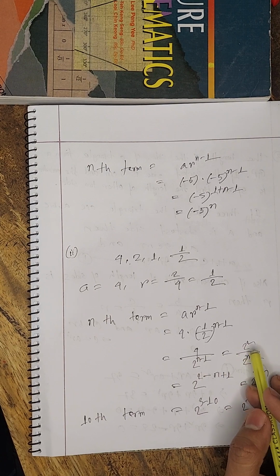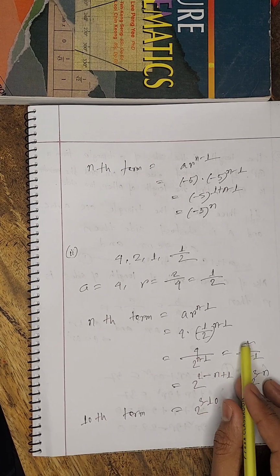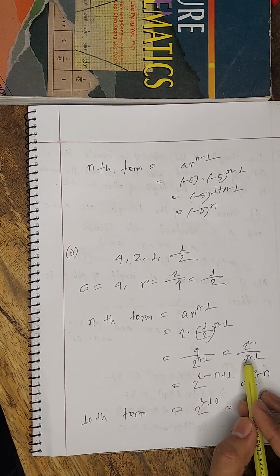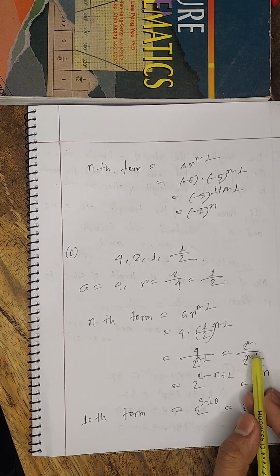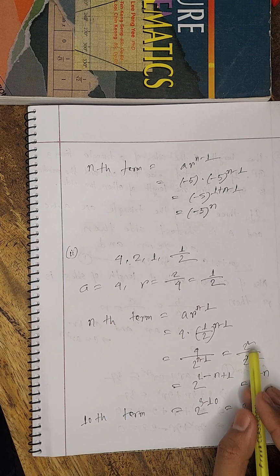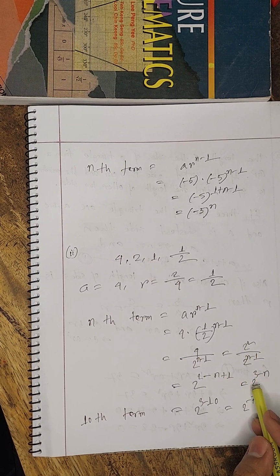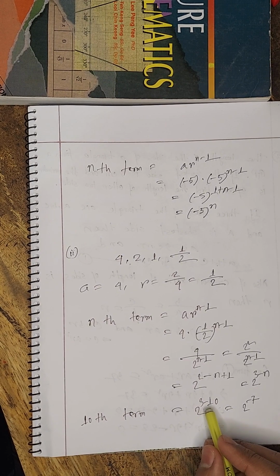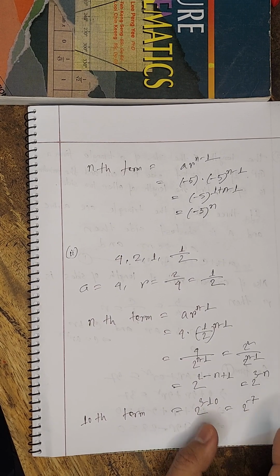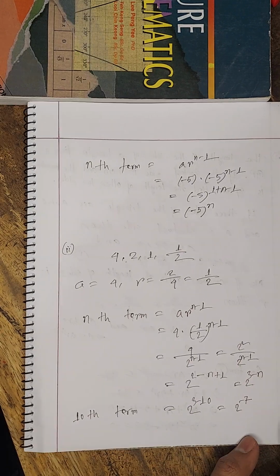We can write 4 as 2 square, and the base is the same, and since it is in division form, we have to subtract the powers, so 2 to the power 2 minus n plus 1. So our nth term will be 2 to the power 3 minus n, and the 10th term will be 2 to the power 3 minus 10, that is 2 to the power minus 7.